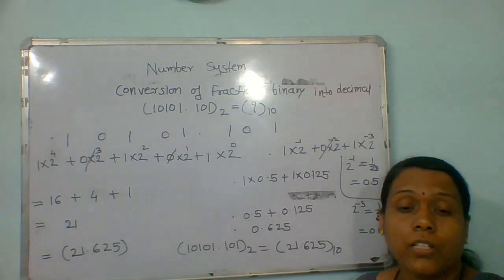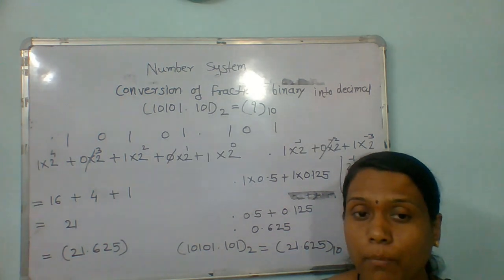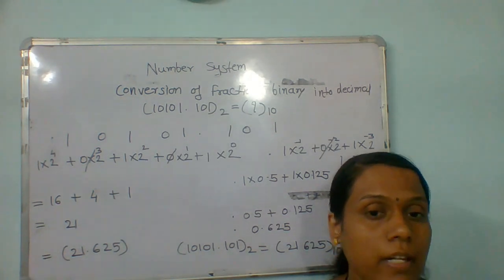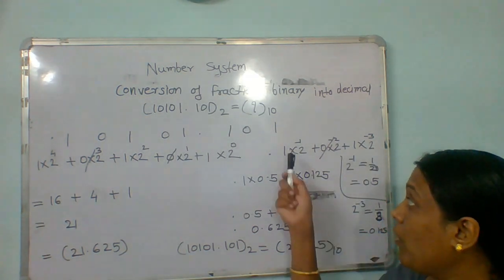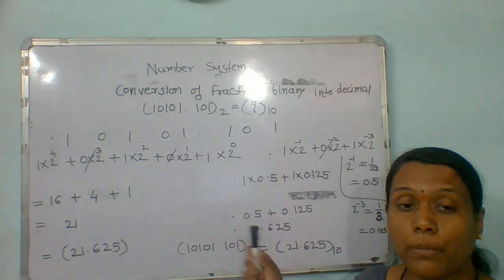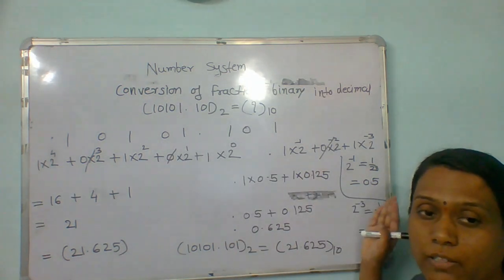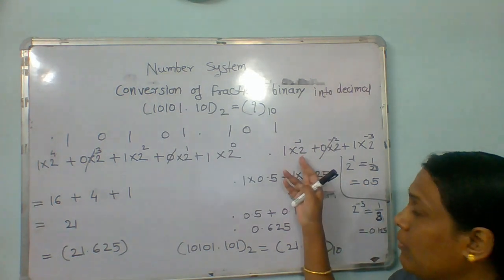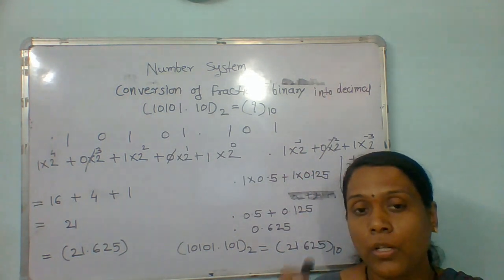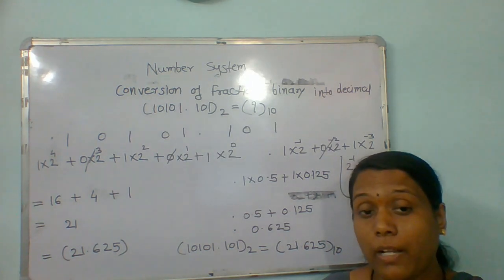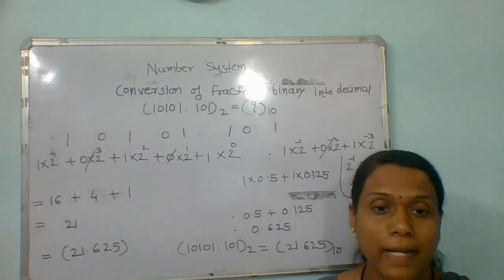But when the point comes, when we have to give the power, for the number which comes after the decimal we have to give the power from left hand side towards the right hand side, and with the minus sign. So the power comes from left to right starting with 1 and minus sign.